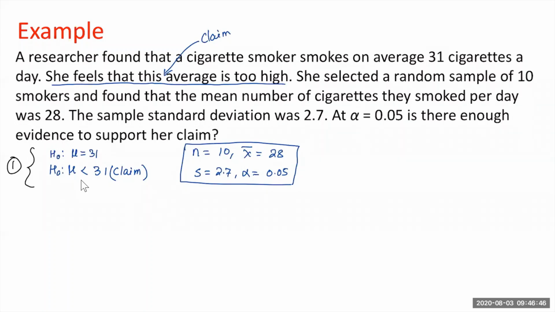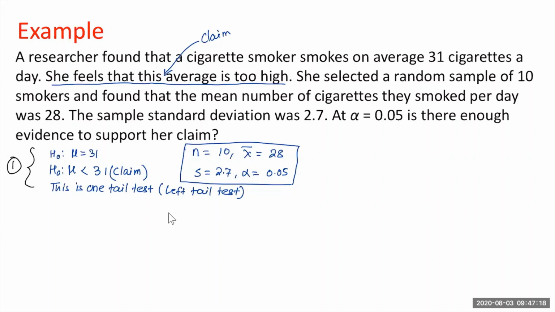This is one tail test, left tail test. And also note that the population standard deviation is unknown. Sigma is unknown because we have the sample standard deviation.